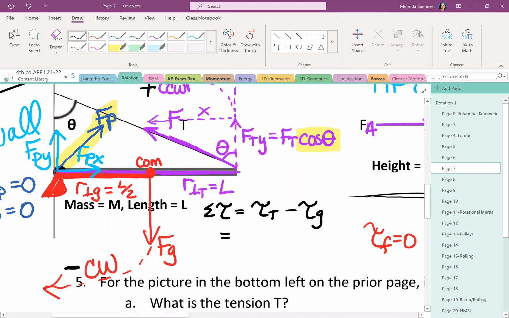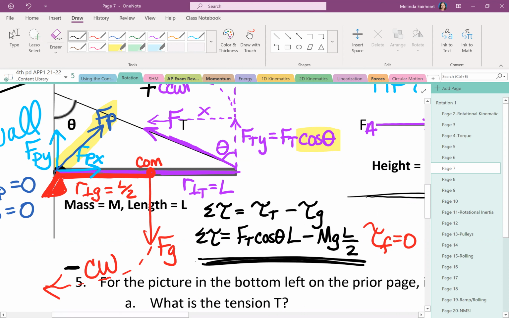And so for tension, it's the vertical component. So Ft cosine theta times L is your lever arm, minus mg is the gravitational force, and the lever arm is L over 2. And right now, that's your final answer.